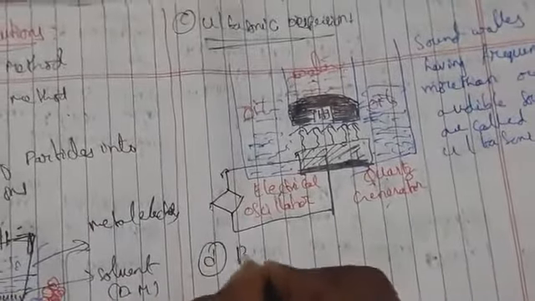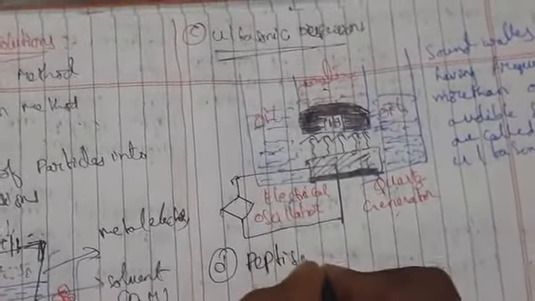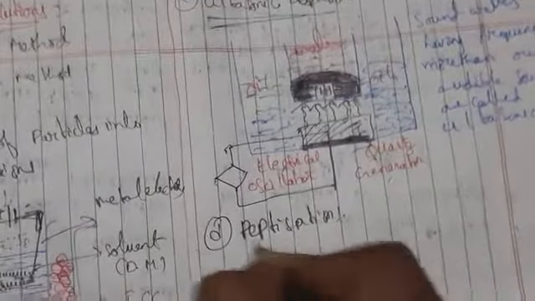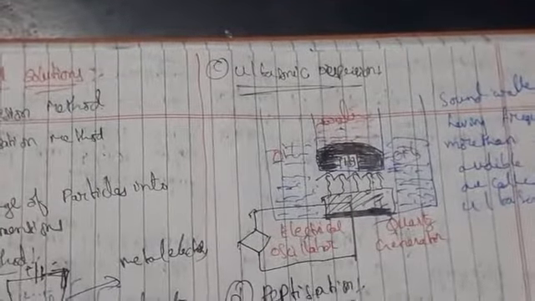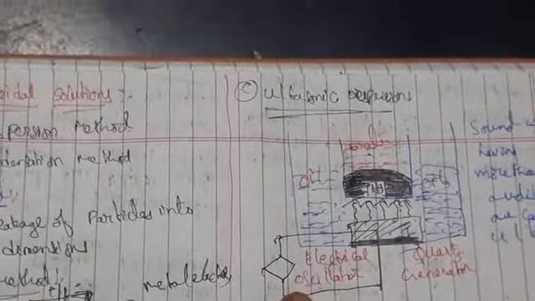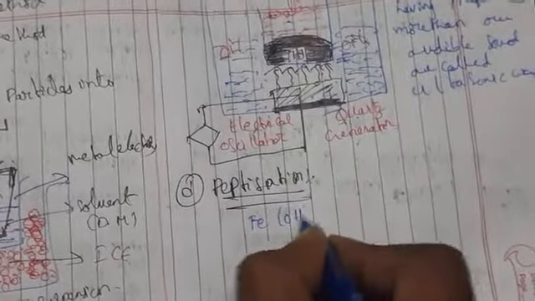Our next method is peptization. In the dispersion methods, the last method is peptization. What is peptization? We generally take examples of ferric trihydroxide, Fe(OH)3, and also As2S3. Here we have to prepare freshly prepared Fe(OH)3, ferric trihydroxide.